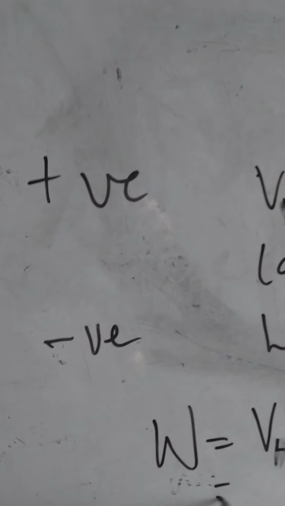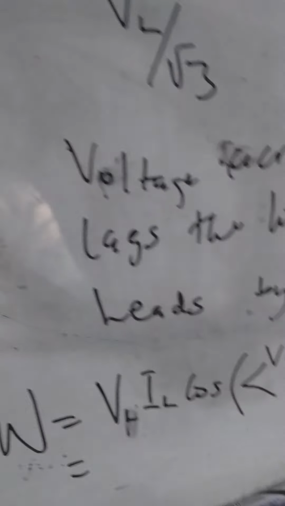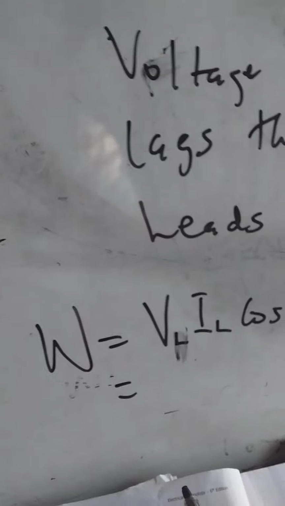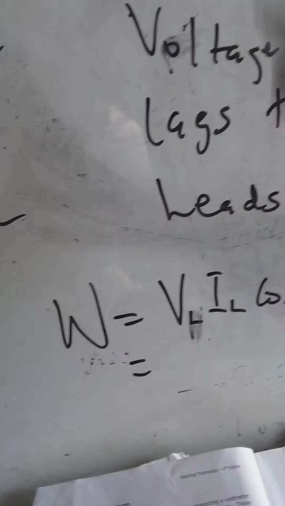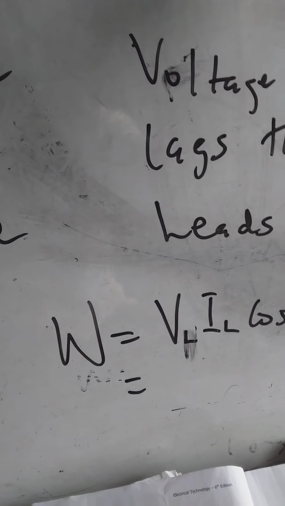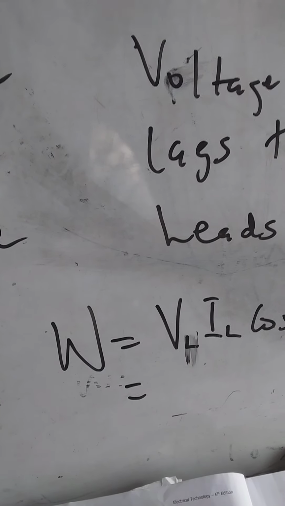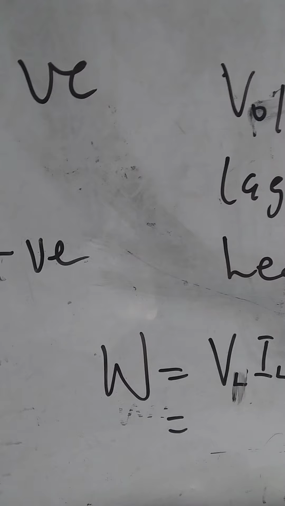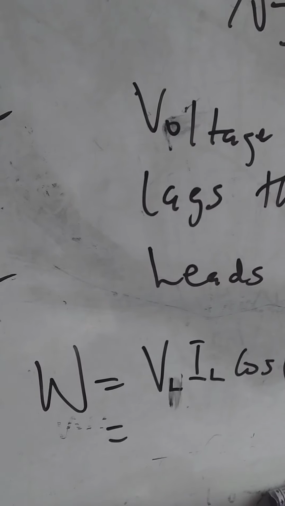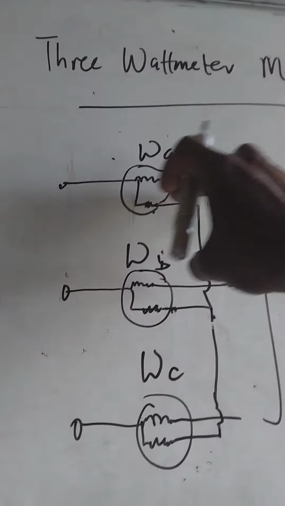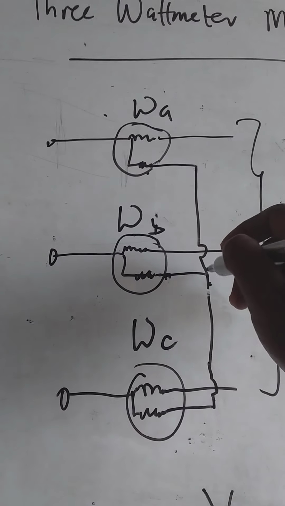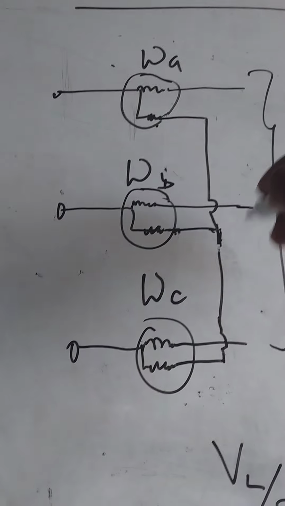So this line voltage, as we have it here, is now going to look like a phase voltage, because of the star connected form, which is forming a star point, which means it has to be divided by root 3.